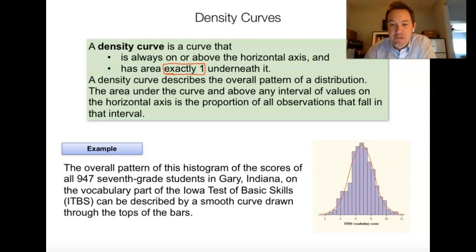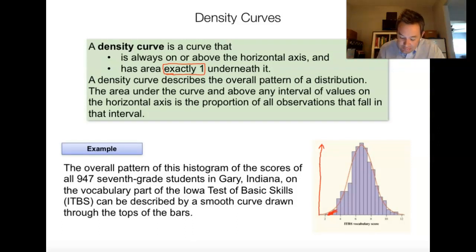And the way that can be achieved is, you remember that the scale of the y-axis doesn't matter. It can be frequency, it can be relative frequency. That's not going to change the overall shape of your histogram. So you can scale it in such a way that if you added up all the areas of your rectangles, they would add up to exactly 1.